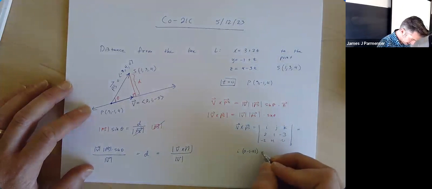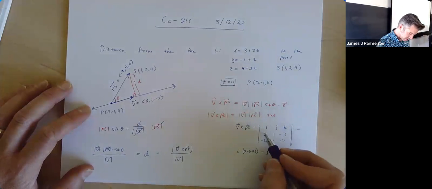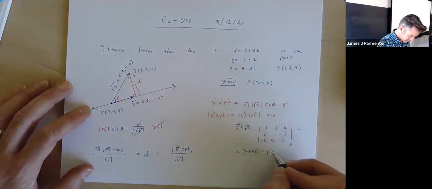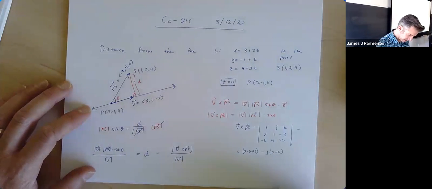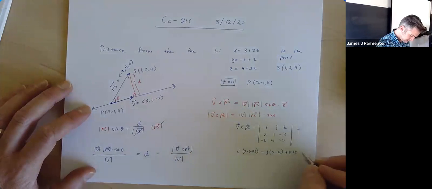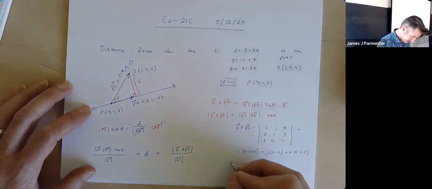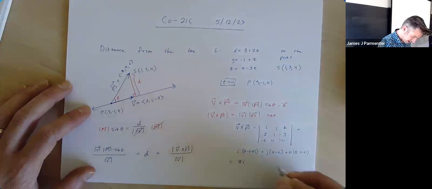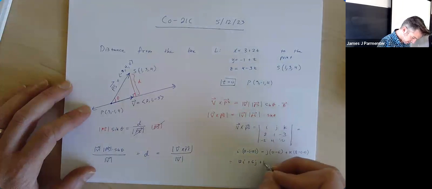And then minus J times 2 times 0, which is 0, minus -3 times -2, which is 6. And then finally, plus K times 2 times 4, which is 8, minus 1 times -2, which is -2. So we end up getting the vector 12I plus 6J plus 10K.